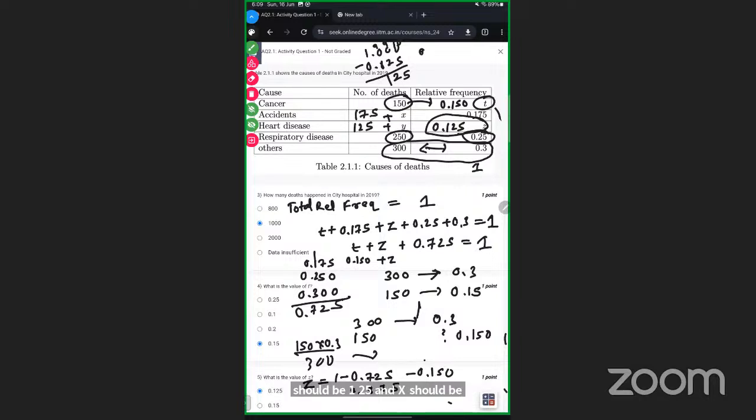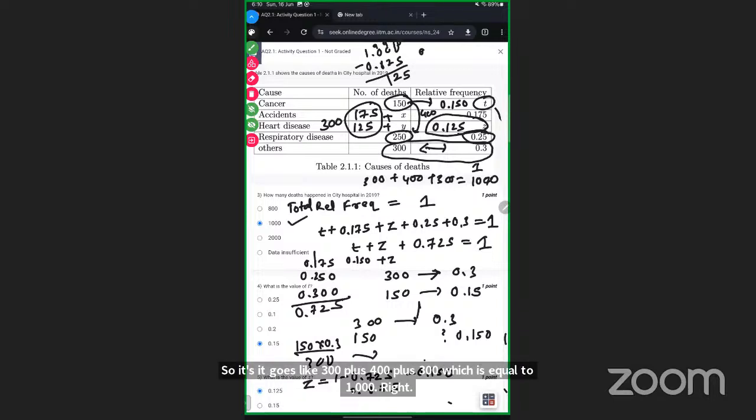Now summing up: 200 plus 300, then 150 plus 400, so 300 plus 400 plus 300 equals 1000. From this you get the answer.